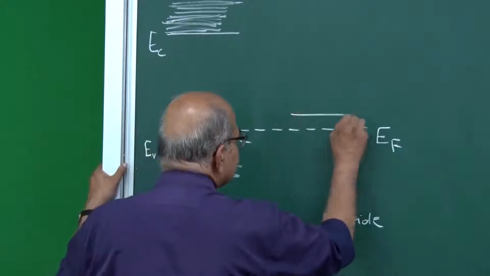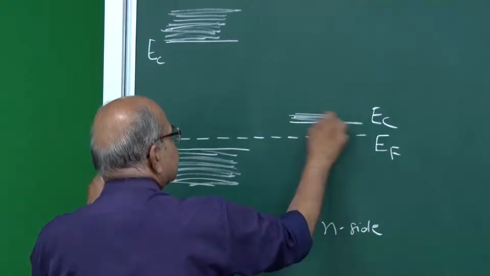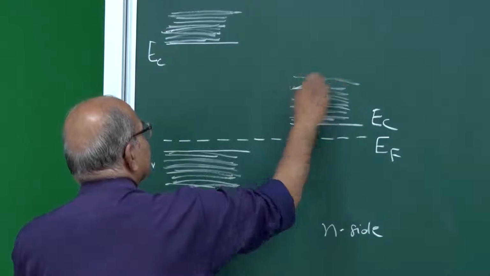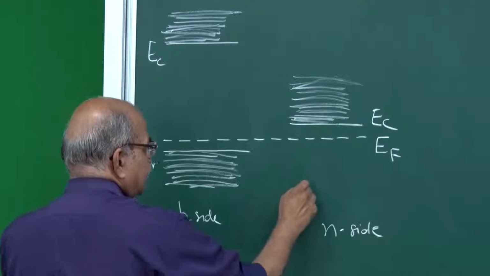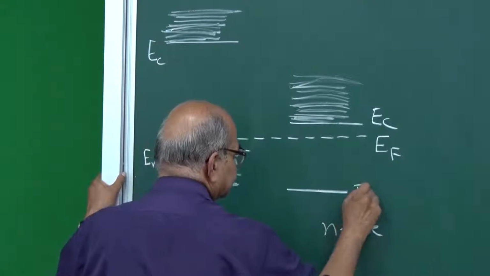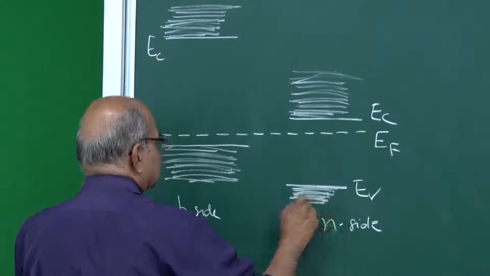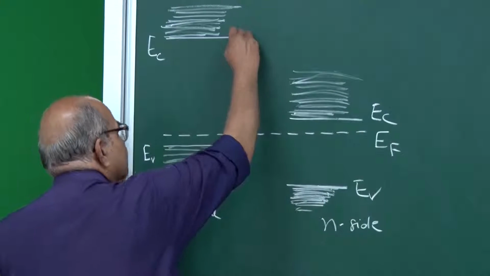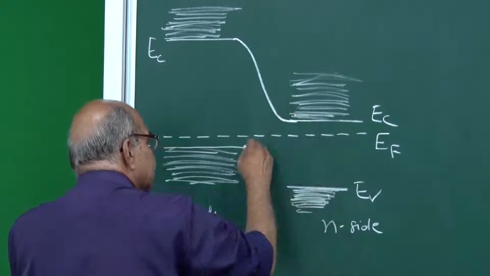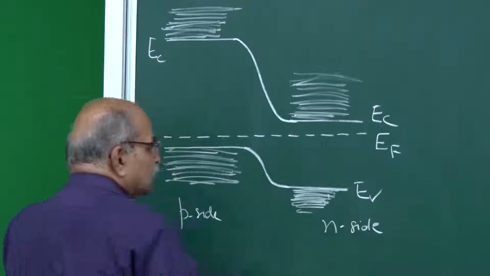So, this EC is here, and then all these quantum states are here. These are the conduction band, and EV, that valence band, will go somewhere here, and you will have these valence band quantum states. Then it bends and joins with this EC. This bends and joins with this EV, and so on.